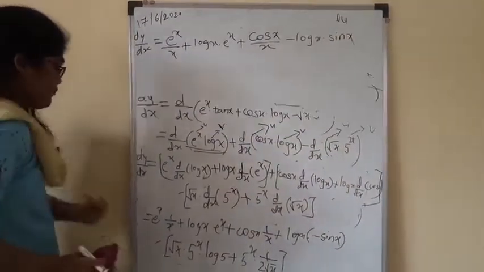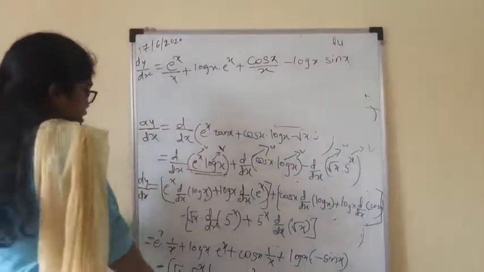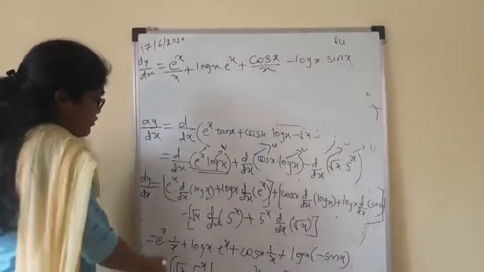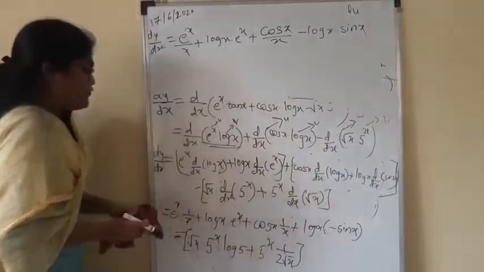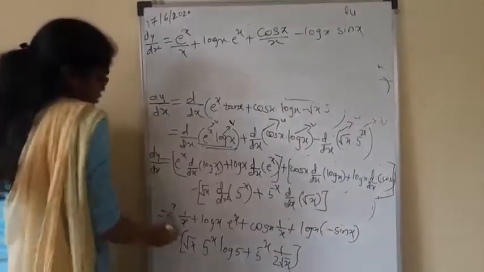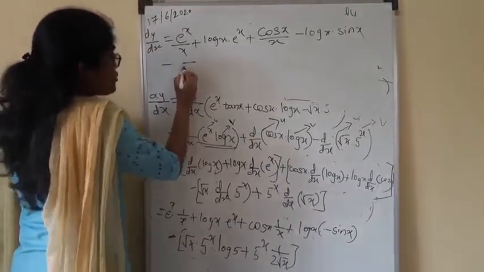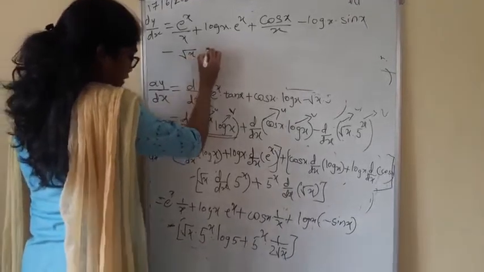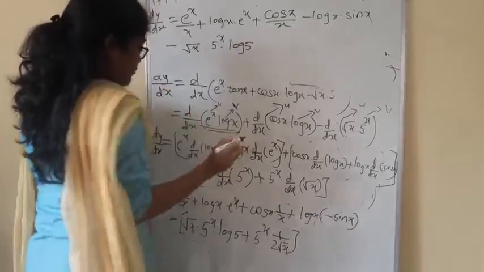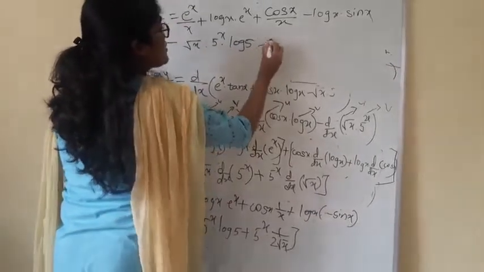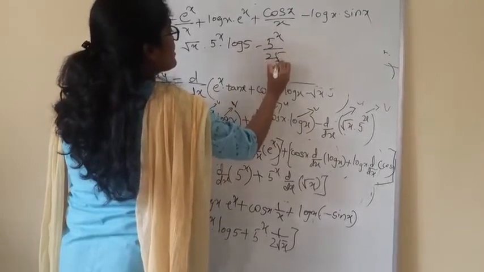Now here the minus sign is outside of that bracket, so we will multiply this minus sign to both the functions. So minus plus will be minus, so minus root x into 5 raised to x log 5, minus plus minus 5 raised to x upon 2 root x.